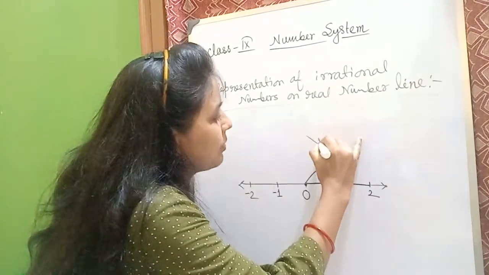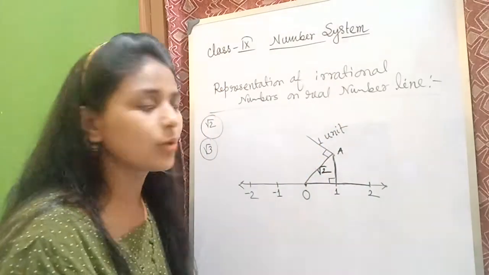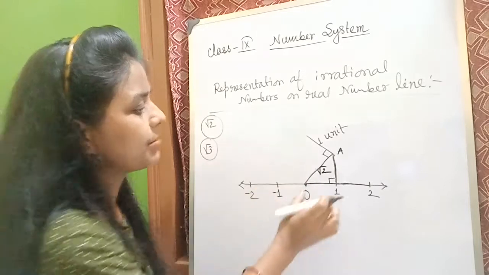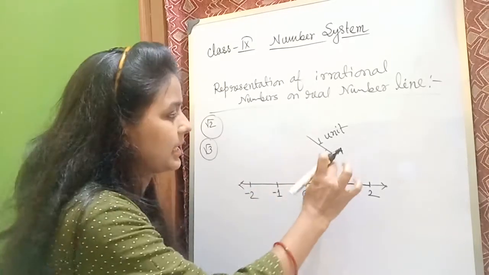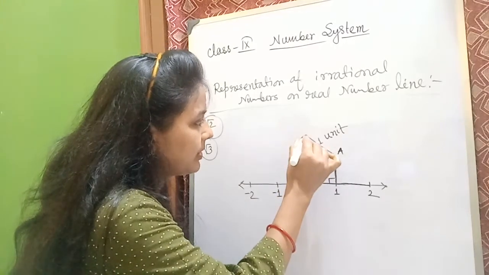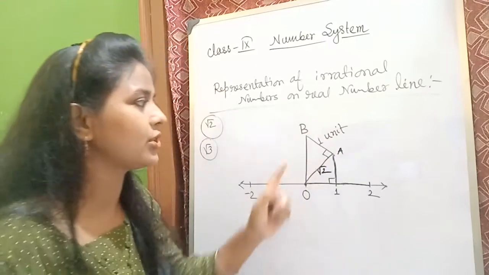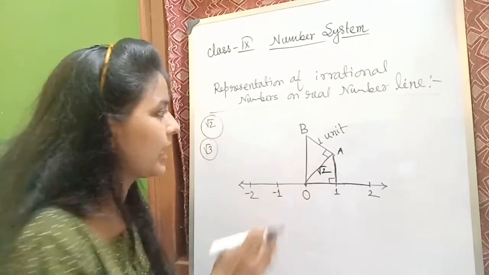This must be 1 unit again, the same measurement as before, and this will be perpendicular to OA. Then we will join the line again. I am giving this name as B. So we are joining OB.